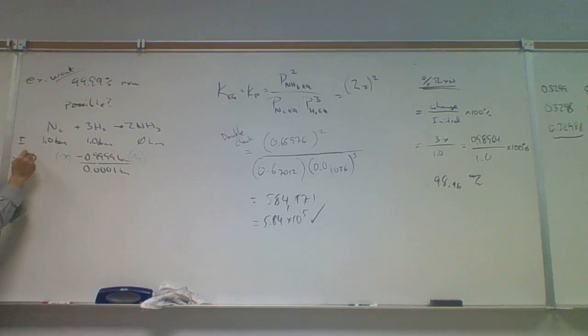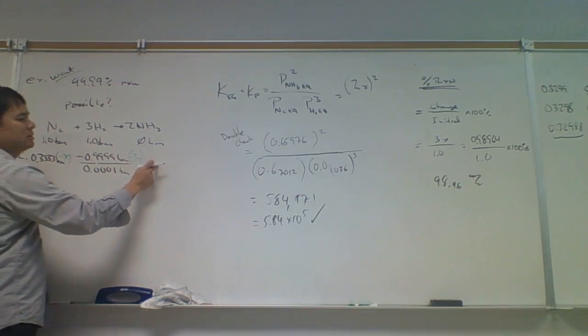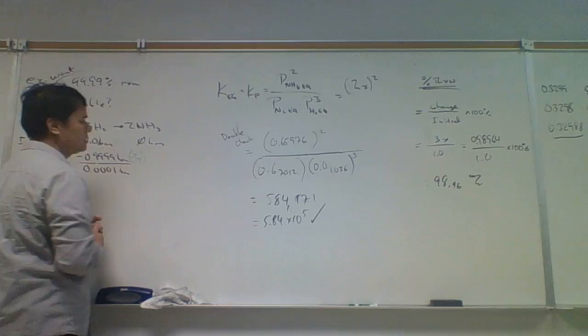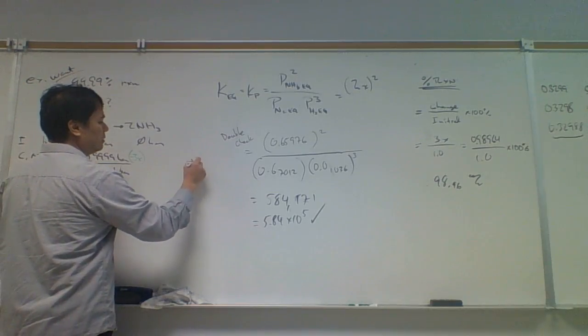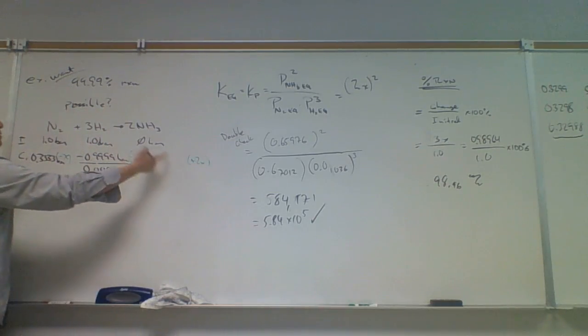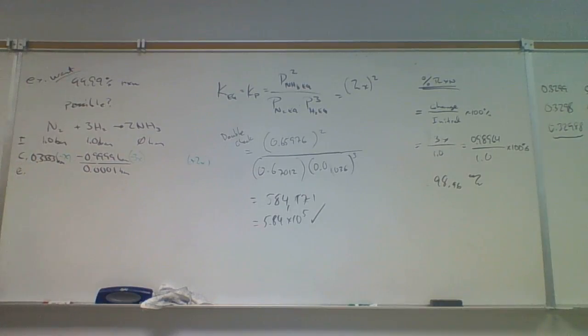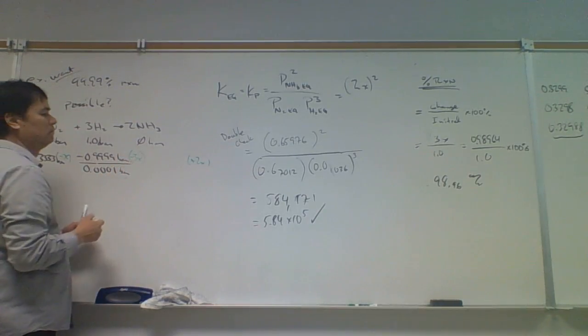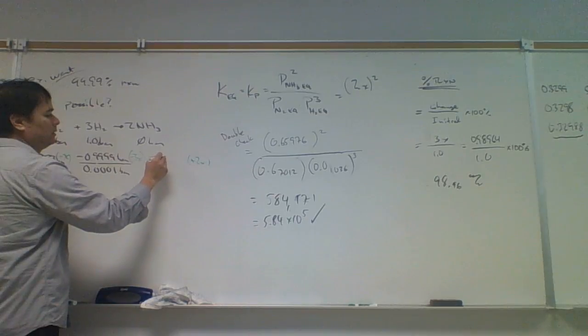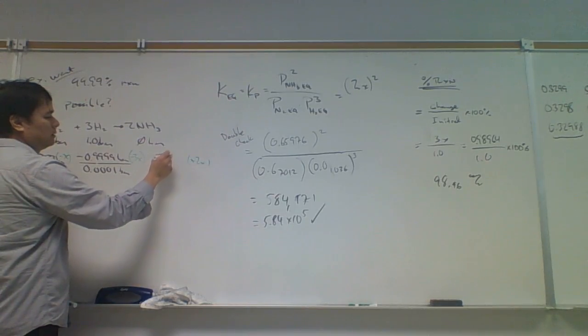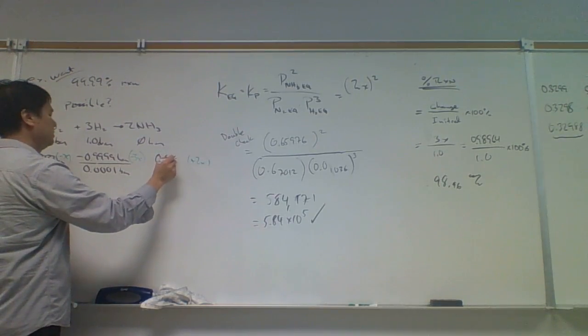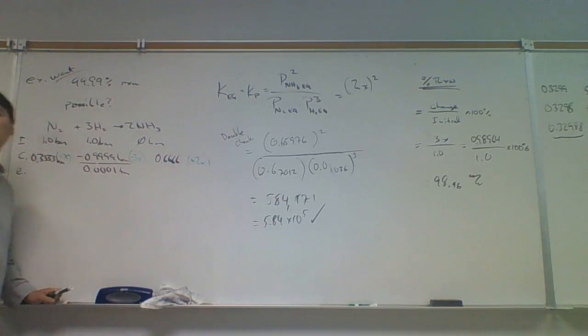It would be 0.3333. Likewise, this number is going to be plus 2x. If x is this, then this has got to be 0.6666 bar.